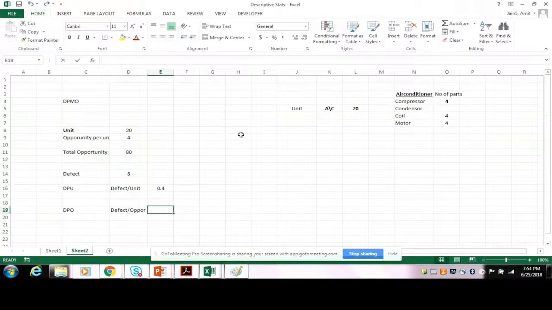Right, so let's calculate DPO, which is defect per opportunity. So there are 8 defects. How many opportunities are there altogether? 80 opportunities. Right. Okay, so it is generally called defect by total opportunity, TOP, and is 0.1.